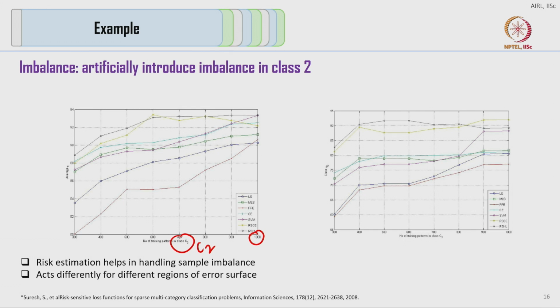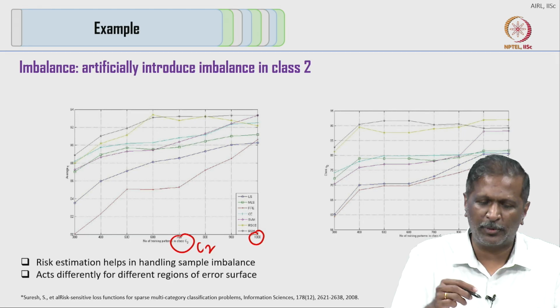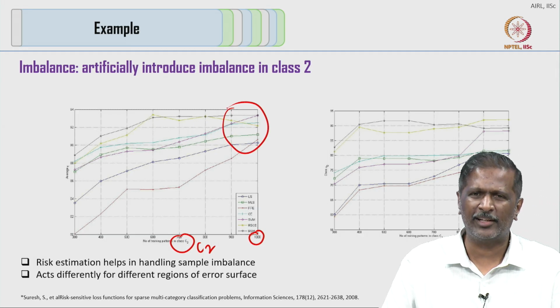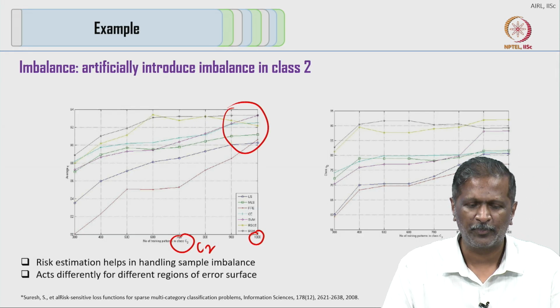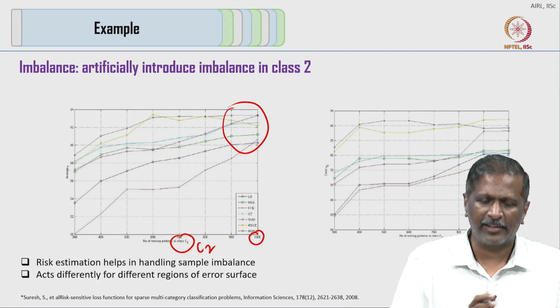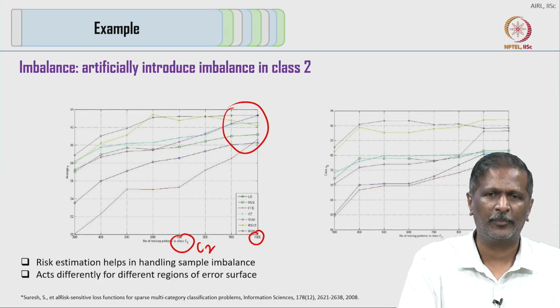Now what's going to happen to the performance? Up to a certain point, let's say up to 900, more or less all the loss functions are able to handle it. Beyond that, when you start reducing, the performance started decaying.